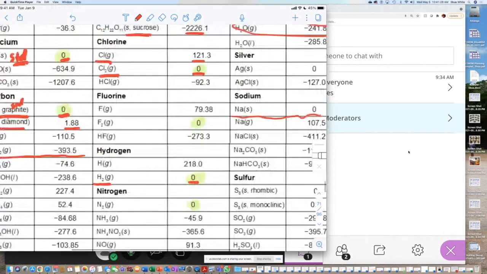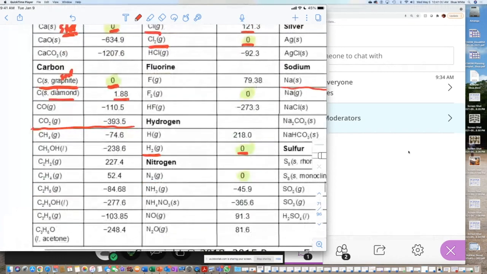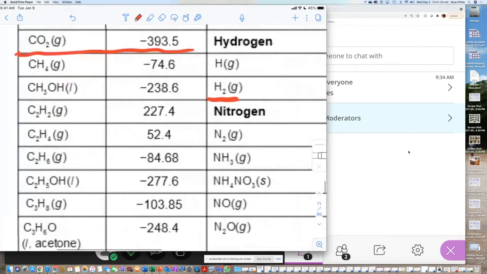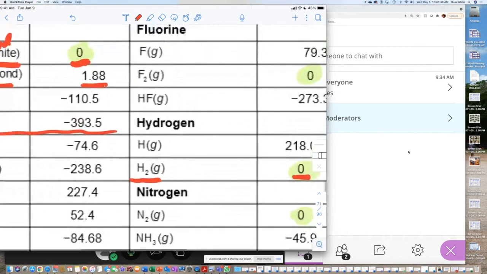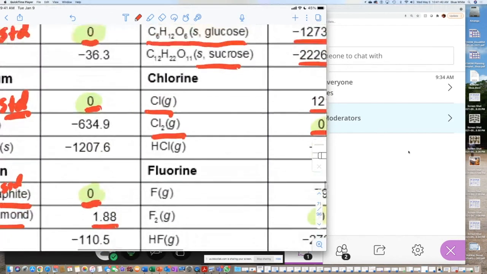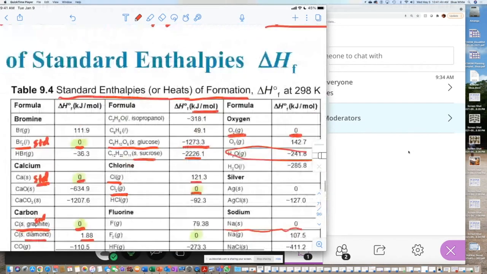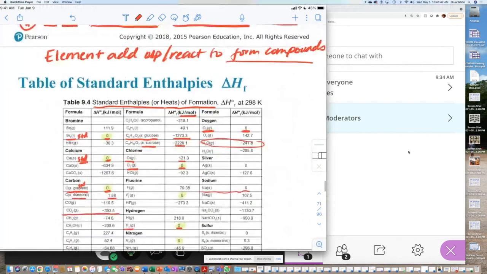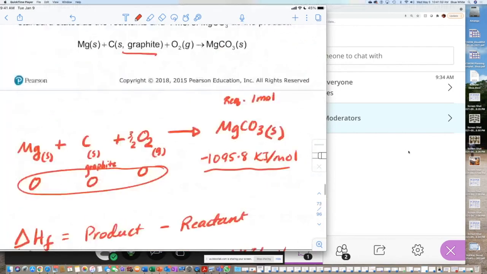Octane is C8H18. Is this somewhere here? I don't see octane. Okay. I don't see octane here. But they may have given it to us in the table. Okay.